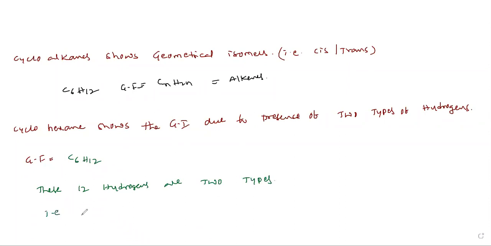That is six equatorial hydrogens, then six axial hydrogens. What are the equatorial and what are the axial hydrogens? Okay, now I will write down the chair form of cyclohexane.